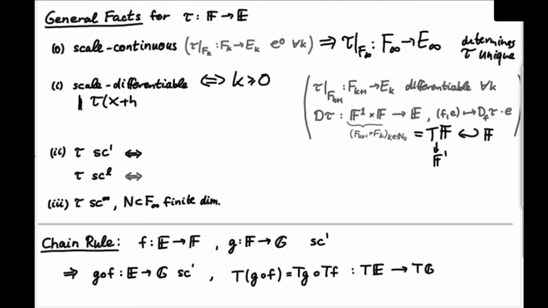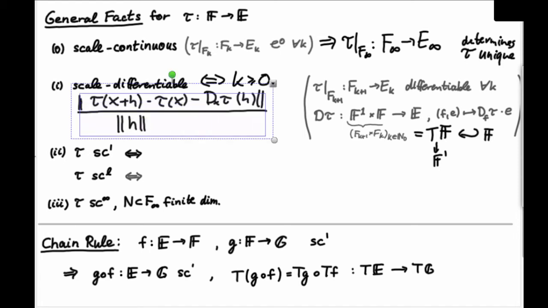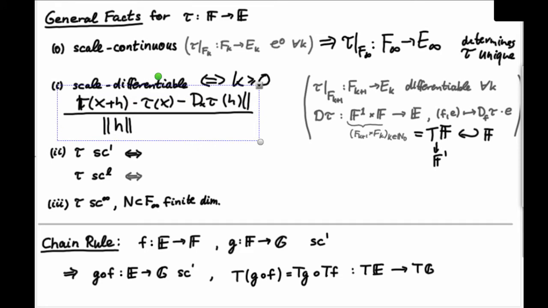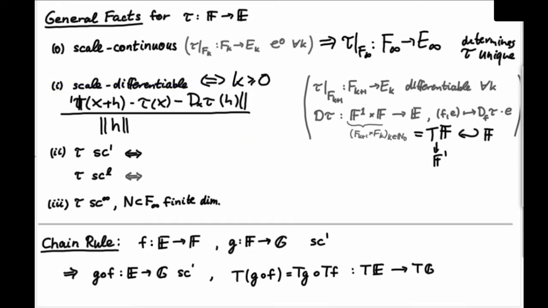So x plus h, minus tau at x, minus your potential derivative applied to h. Classically, you would like to divide this by the norm of h, and then know that that goes to 0 as the norm of h goes to 0.